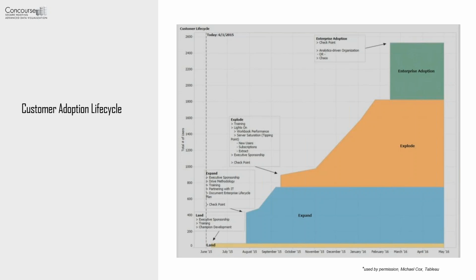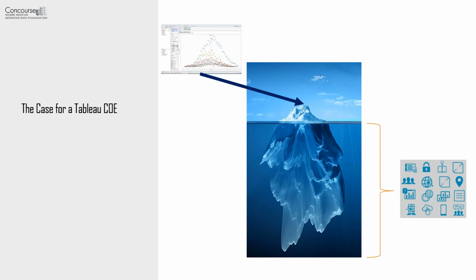What Tableau has found is that this is the phase when the center of enablement is developed, which is really far too late. So what anyone wants to do in thinking about this is lay the groundwork early as to what needs to be included in that center of enablement, and that will pay off.